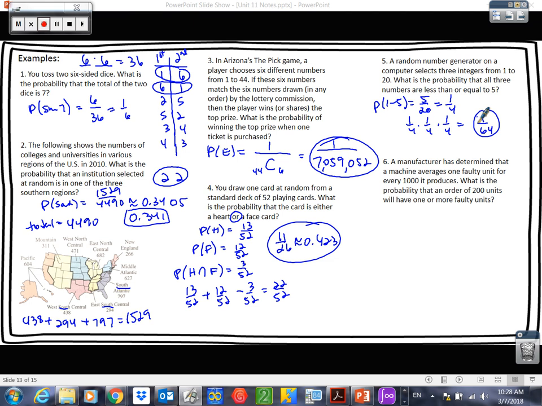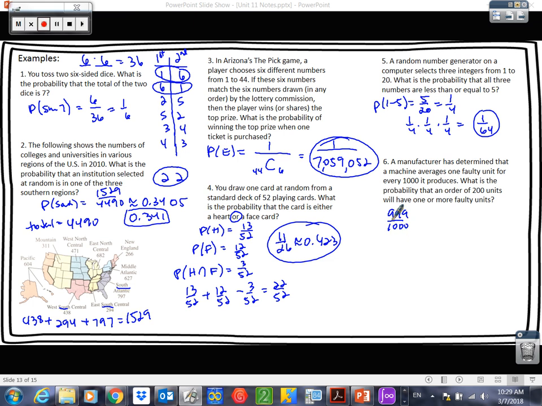Well, the probability of getting a perfect one by the statistics that they've given us is 999 out of 1,000. Right? That's the probability of getting a perfect one. Are you with me? Okay, that's a perfect one. How many of those do I want? 200. I want 200 perfect ones. So I would have to take this times itself 200 times, right?